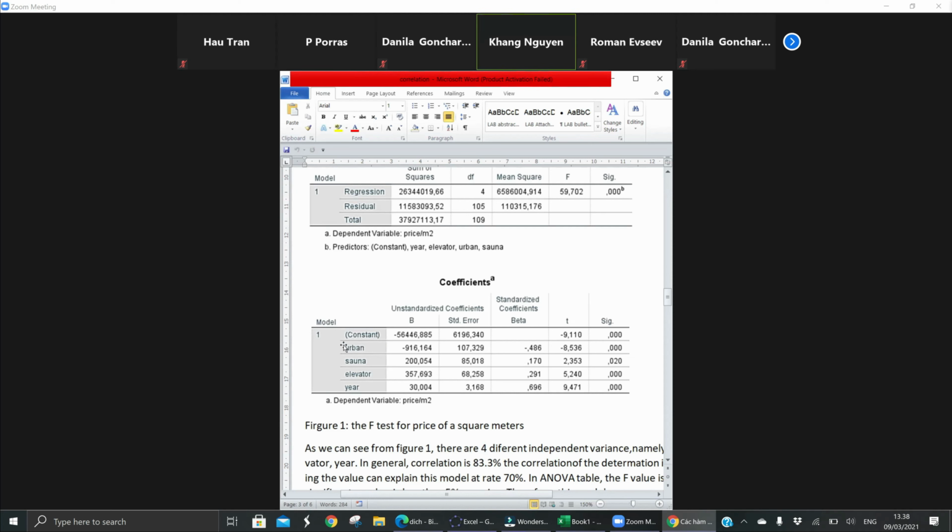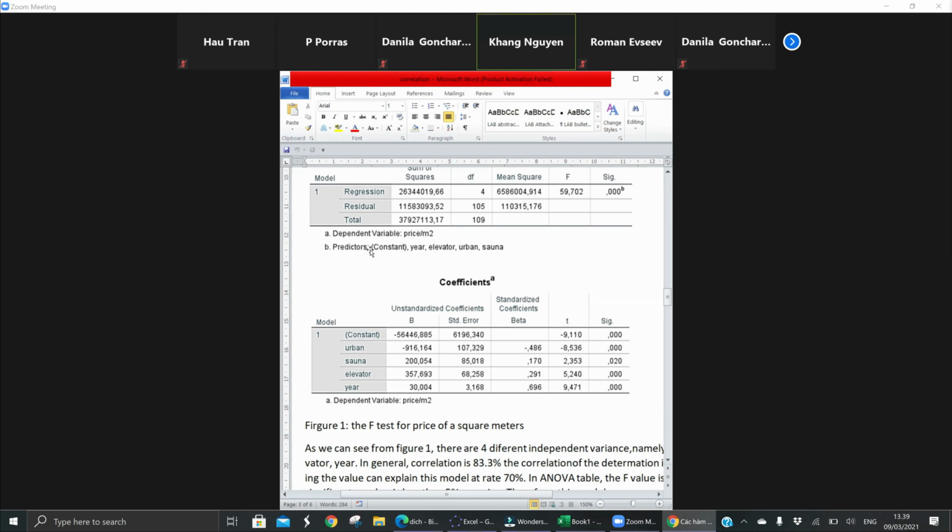When I checked the urban variable, it has values like 1 and 2. No, right, only 0 and 1. Not even 1 and 2. Only 0 and 1. Yes, I will check it again. But if I were you, I would take more numerical variables because you have them there. So add more of them to your regression, not categorical ones.